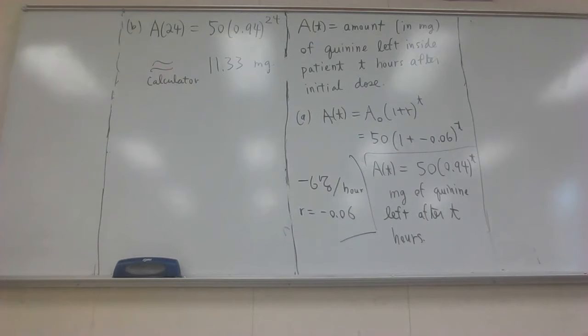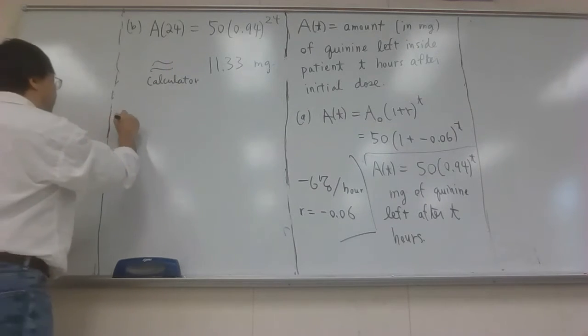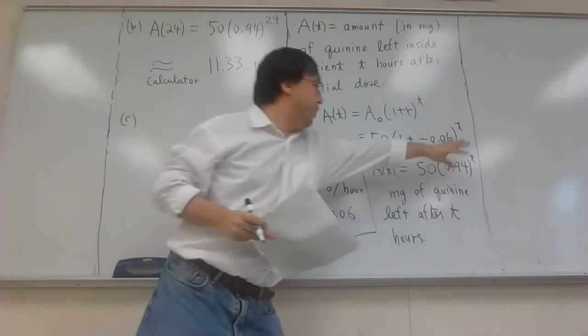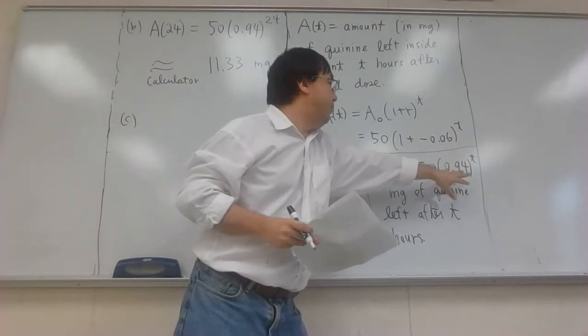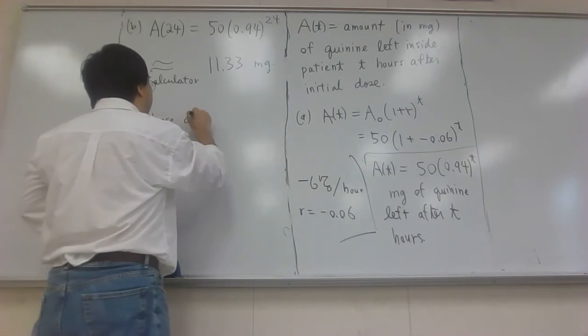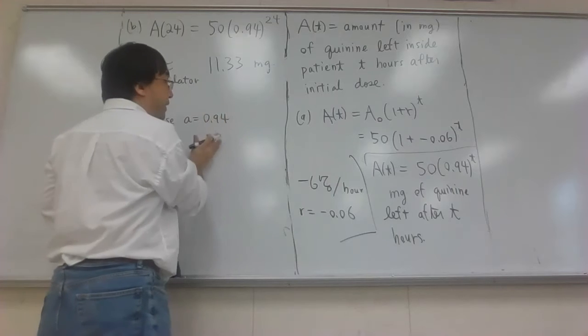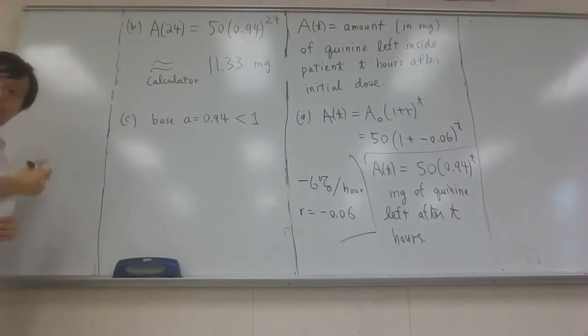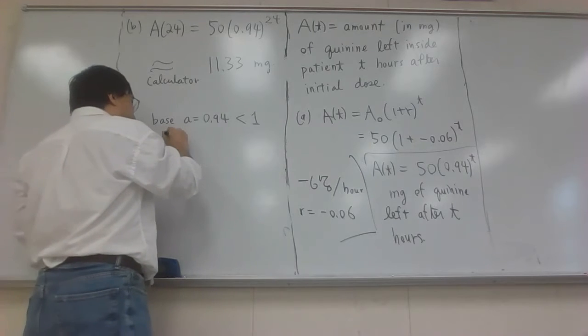And finally, the last part, we're asked to sketch the graph of this function. Note that the base a equals 0.94, which is strictly less than 1. When the base is strictly less than 1, that's the case of exponential decay.